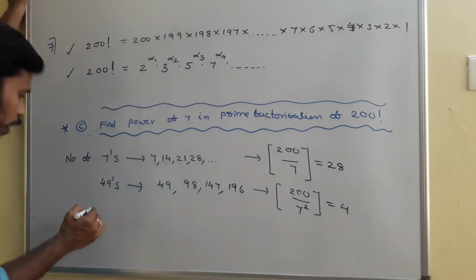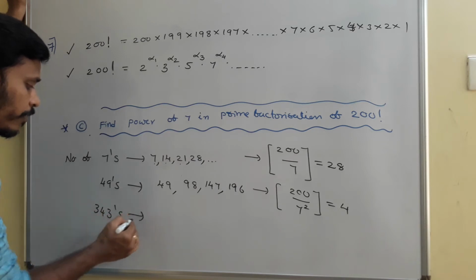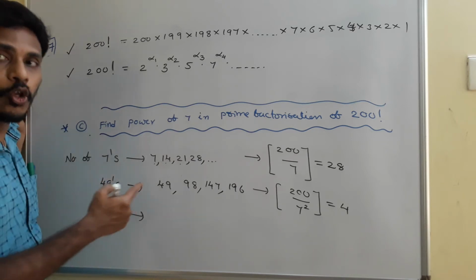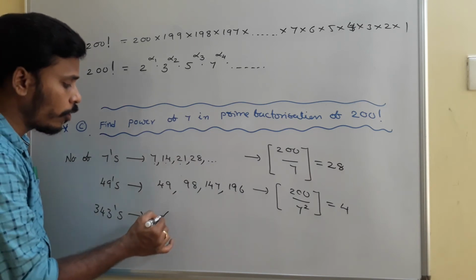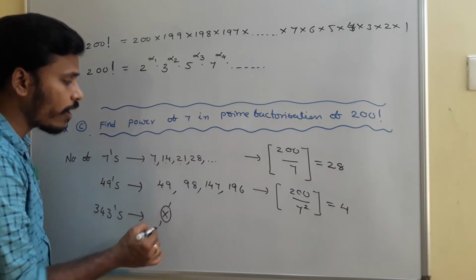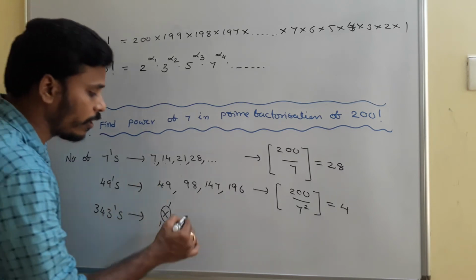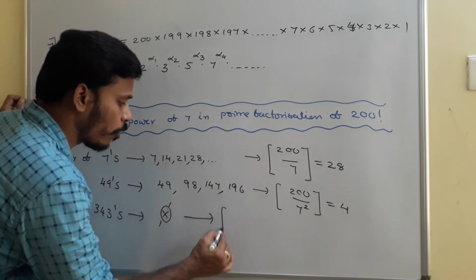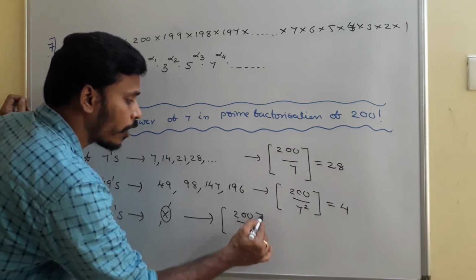And after that we need to search for the multiples of 343, which is 7 cube, because 7 cube is itself 343. So in 200 there are no multiples of 343. So this count is simply 0, which is 200 divided by 7 cube, floored.